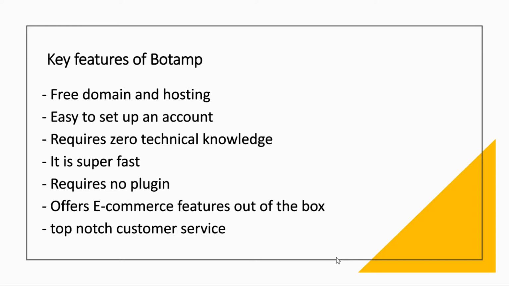I've used some website builder platforms where I have to install plugins for almost everything: template viewing, template editing, security, quite a number of things. But with Botamp, all the plugins are out of the box, so you don't have to start installing plugins, and this makes development super fast.